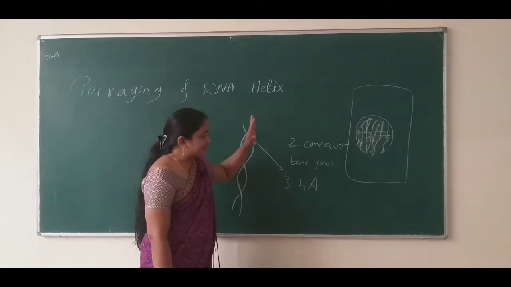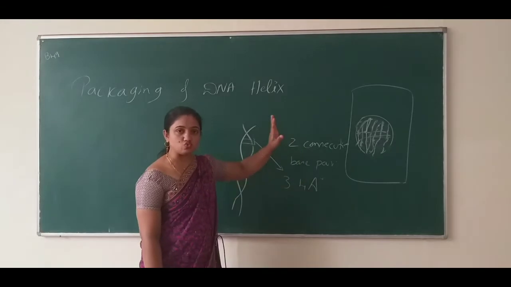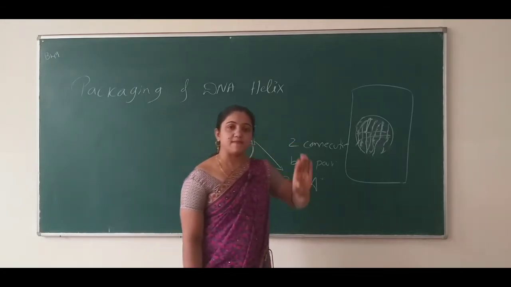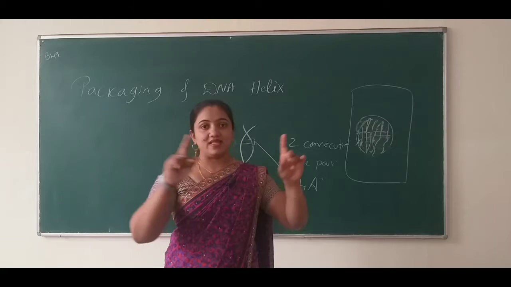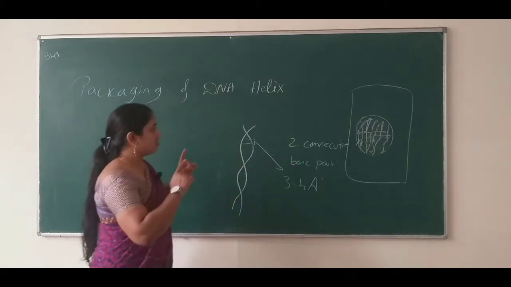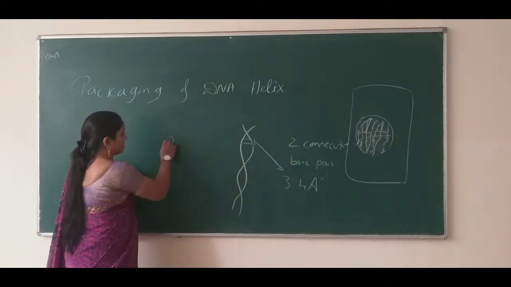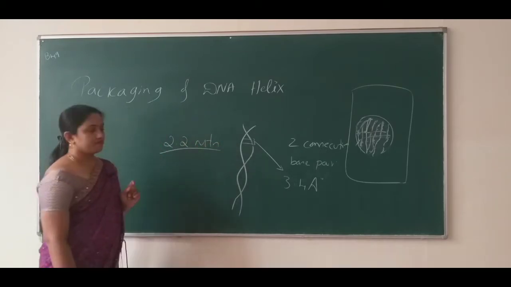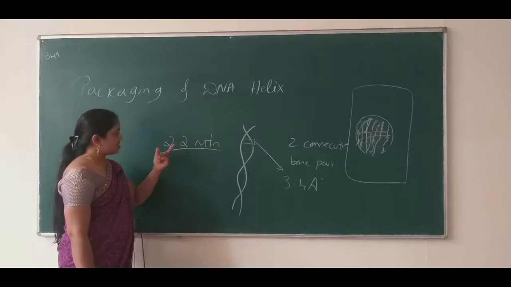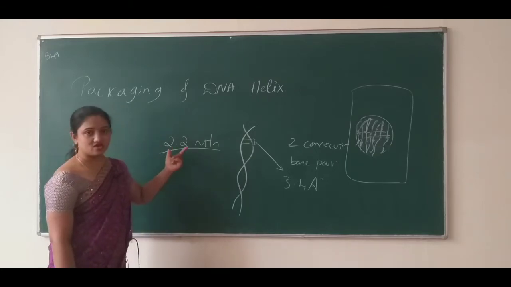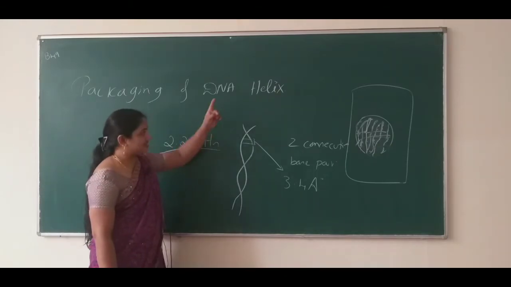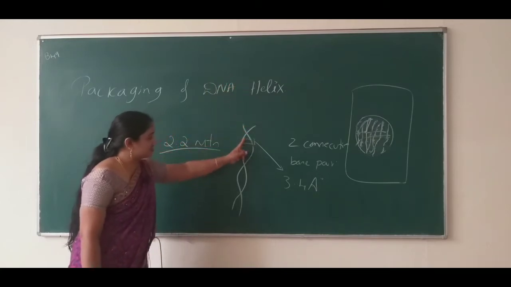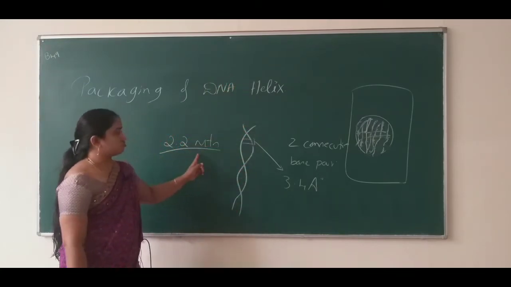So by calculation of these two, scientists measured the length of the DNA. A single DNA length is about 2.2 meters. This is the length of the DNA helix. A single DNA helix measures 2.2 meters. How did they calculate it?